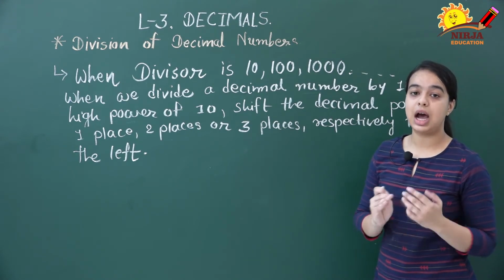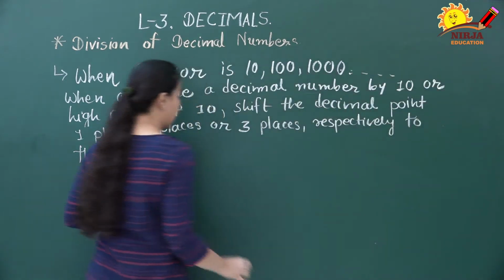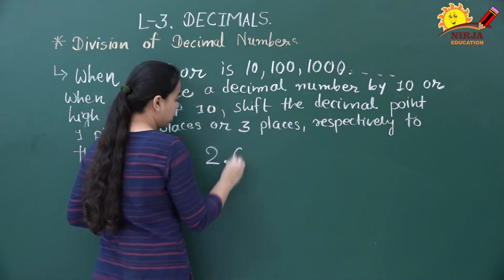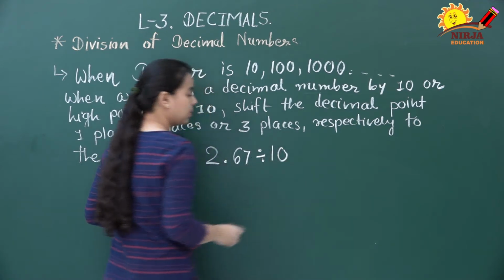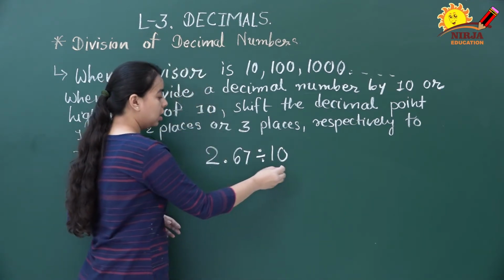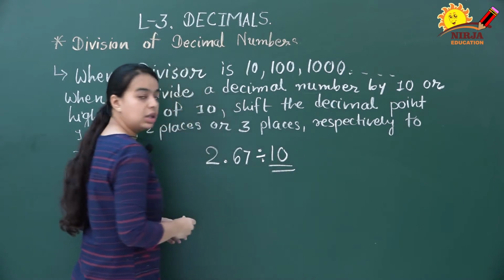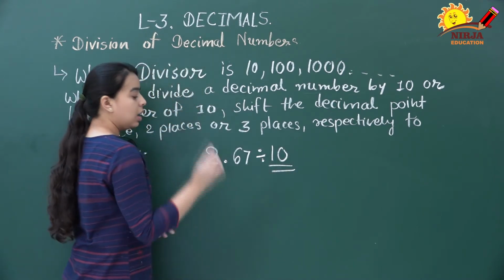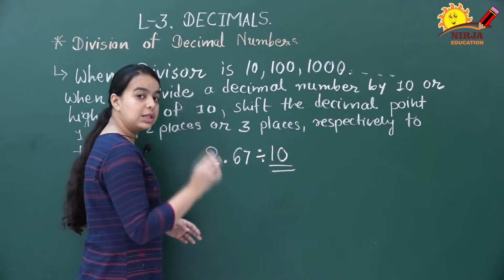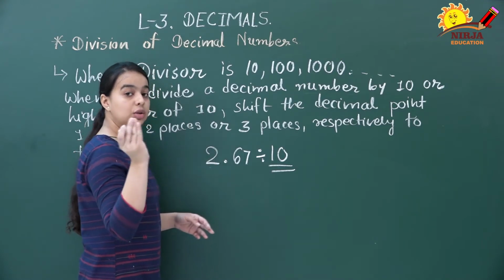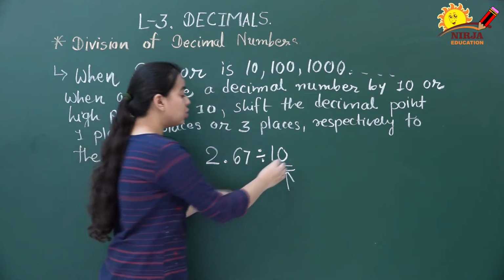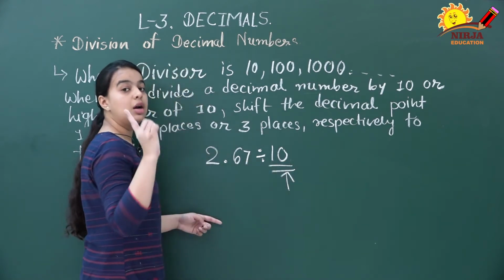Now let's see how to do this. Suppose I am taking 2.67 divided by 10. As you can see here, the divisor is in the form of 10. We need to shift the decimal point to the left. But how many places? That is according to the number of zeros in your divisor.